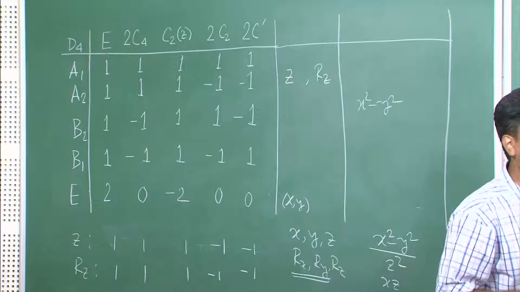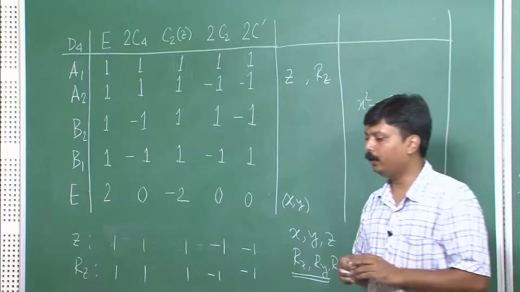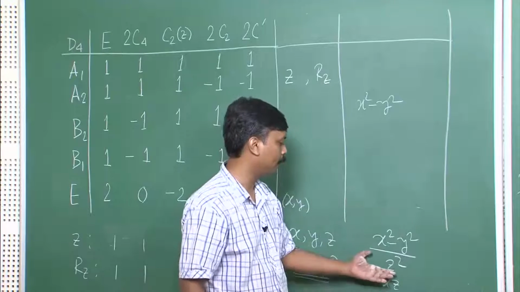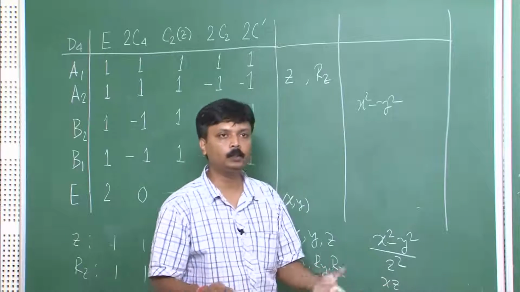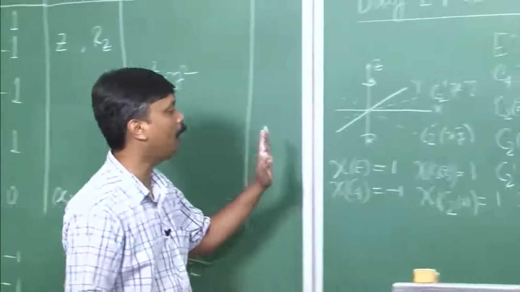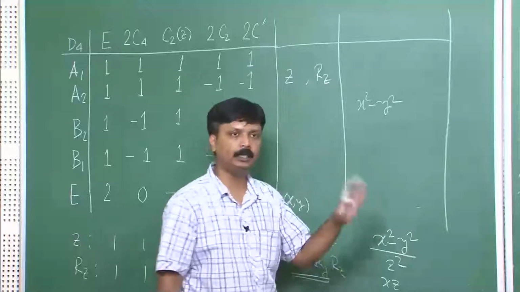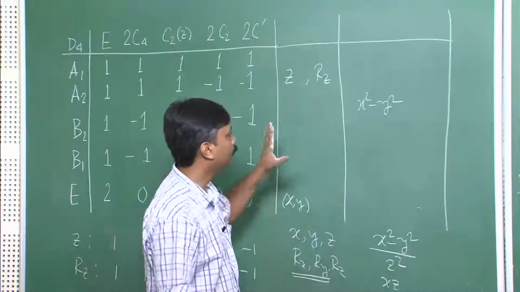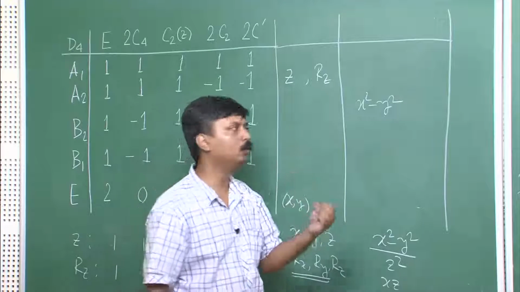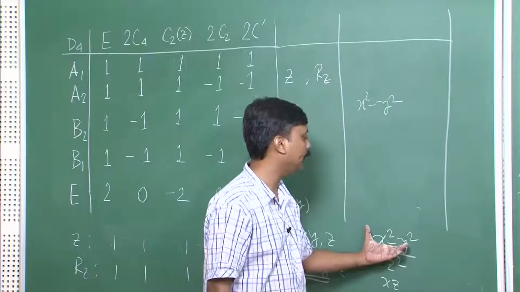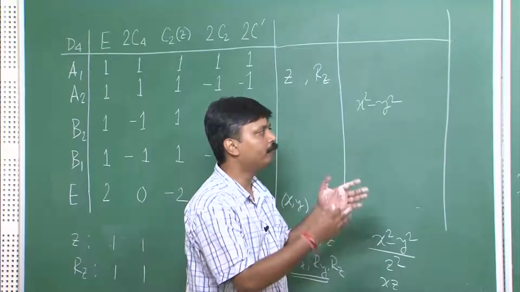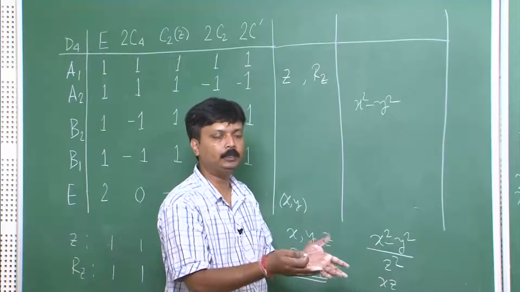In the same way, you can try out different other functions, say for example z square or xz or xy. Okay, so what you have to do is just see how that individual x or y or z gets transformed upon the symmetry operations, and then taking those, you see what is happening to the total overall function, and then you find out the corresponding change.